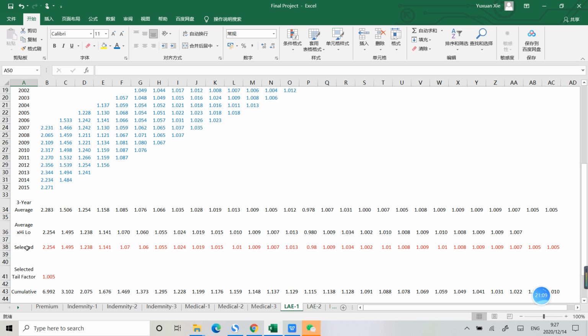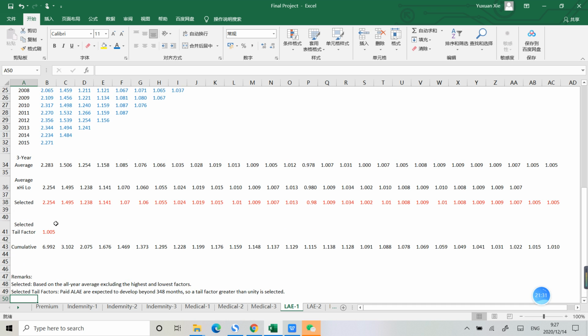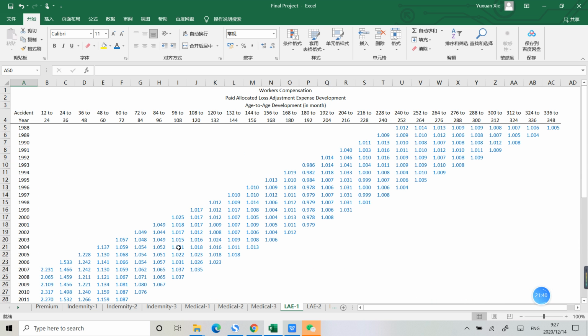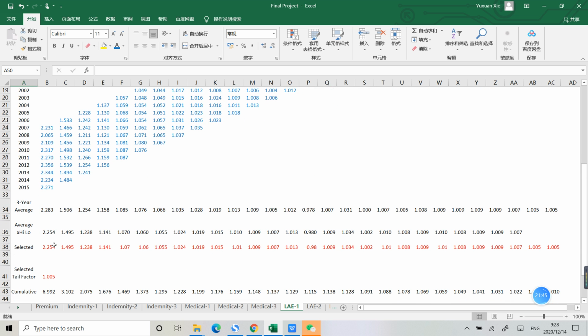Yes, we can see the selected factor is equal to the average excluding highest and lowest ratios. The 3-year average factor ratios and the average excluding high-low ratios calculations are the same as we calculated in the medical 1 sheet and indemnity 1 sheet. For the selected tail factor in this example, paid allocated loss adjustment expense is expected to develop beyond 348 months, so this tail factor is also greater than 1.